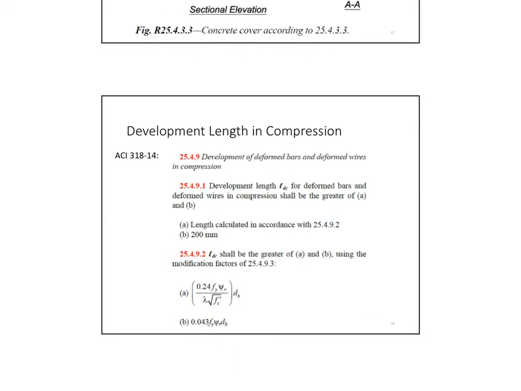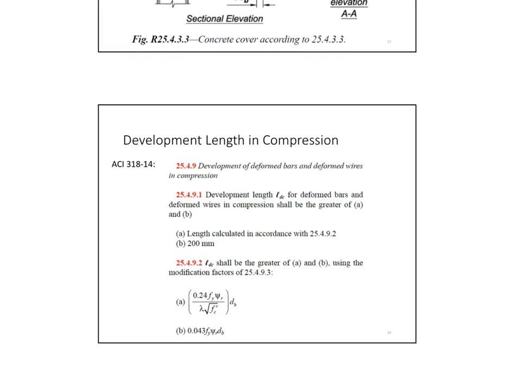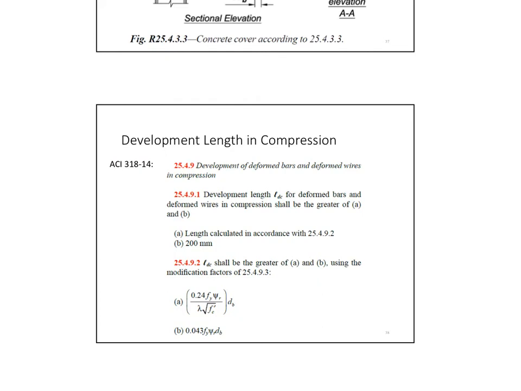And then our next one is the development length in compression. Same concept as what we talked about before on development length in tension, we also need some development length in compression, which means if my bar is subjected to compression, which is normally the case with bars of columns, for example, these are compression members, right?